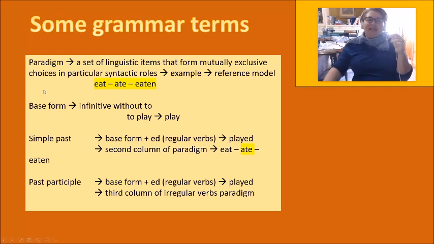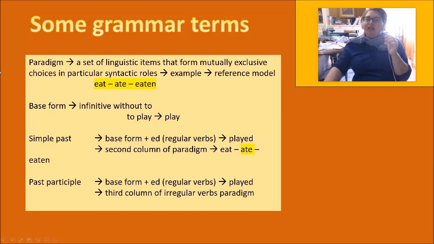So let's start with this word coming from Greek called paradigm. Paradigm in ancient Greek meant example or model. In today's linguistic terms, it is a set of items. It means a series of pieces of language that are mutually exclusive.